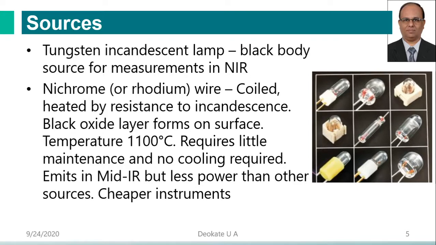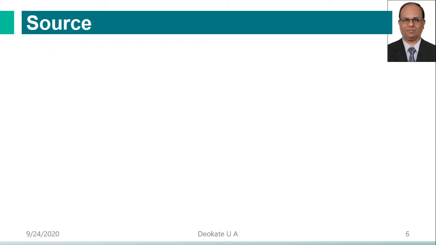They work at a temperature of 1100 degrees centigrade. They require little maintenance and no cooling is required. They emit mere infrared radiation, but are less powerful than the other sources. But they are also used in cheaper instruments. These were used in the old instruments.